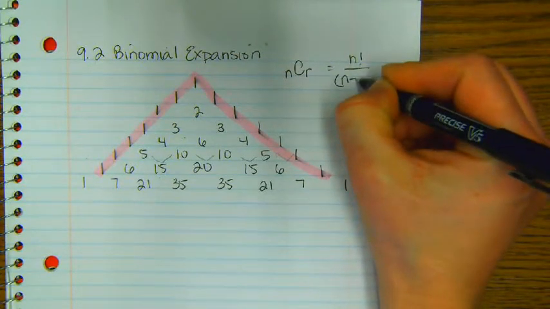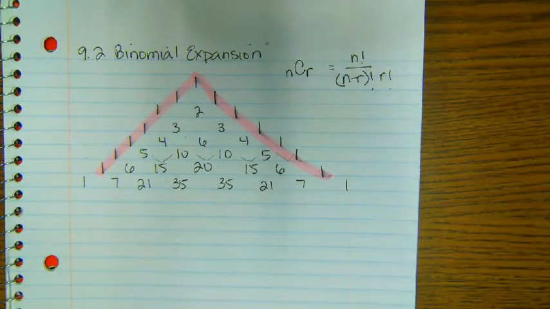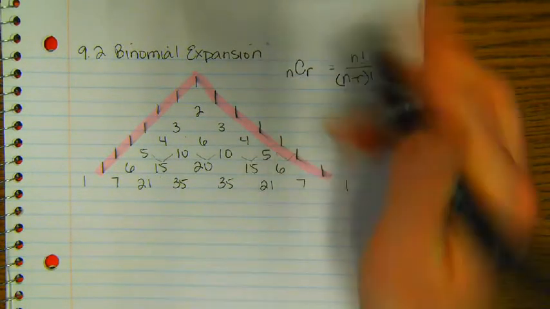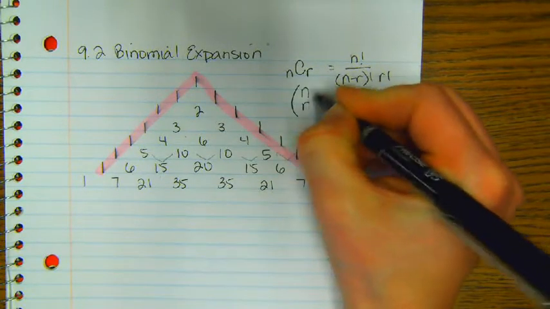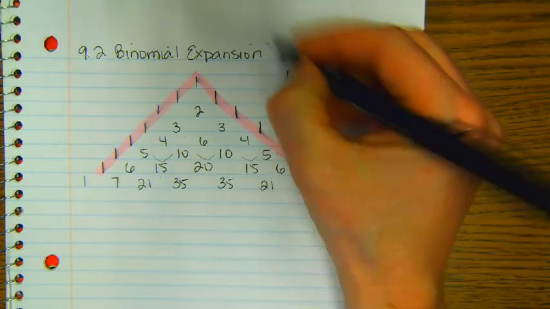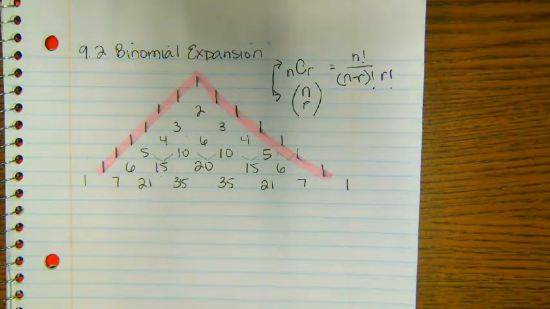Okay, we wrote that down, correct, the other day? In our book, they have a shorthand notation, and it looks like a long parentheses, and the n is on the top and the r is on the bottom. So if you see that today, don't get confused. These two things mean the same thing. So if you saw this with a 7 and a 3, that just means 7C3.